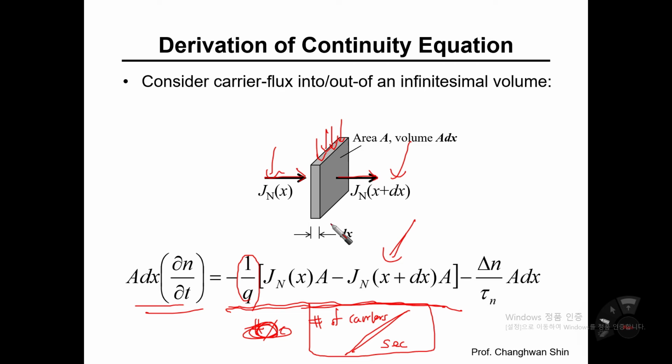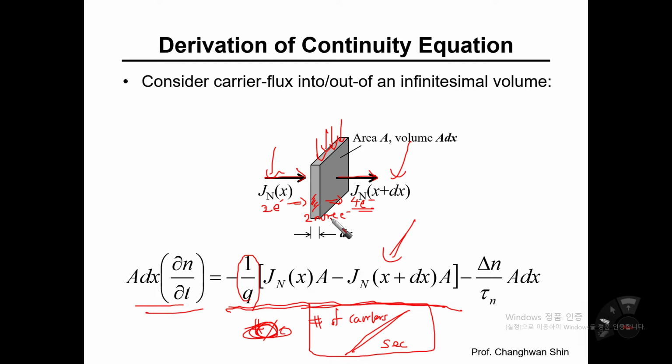So while building up the continuity equation, we have assumed two things: recombination and generation. Simply speaking, 2 electrons have been injected into this volume, and 4 electrons are now emitted out. What happened within this volume? Well, 2 more electrons are created. Then 2 plus 2, total 4 electrons are emitted out.